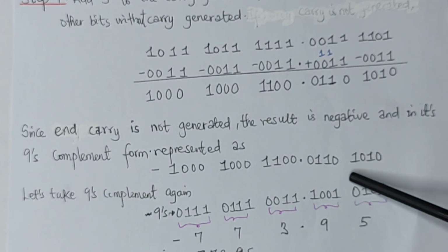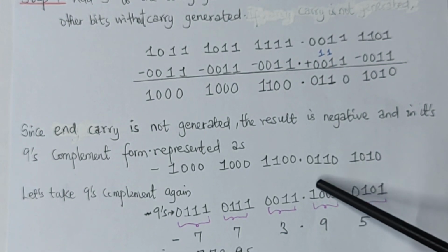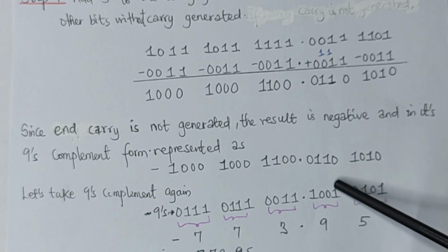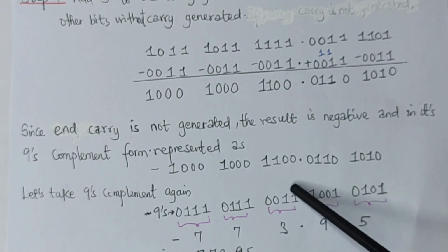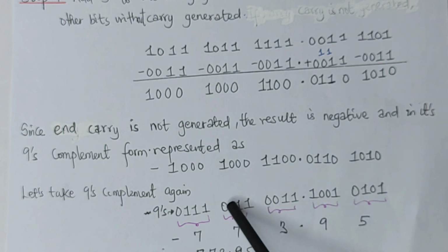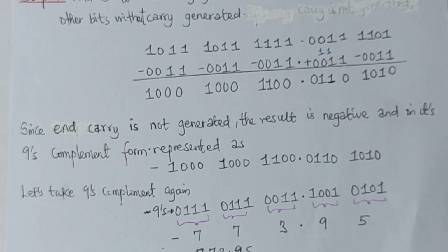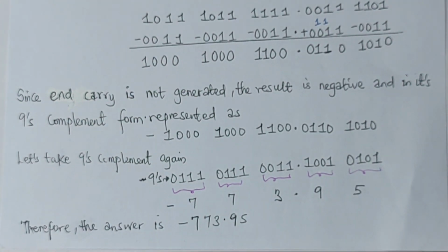Let me just explain. 8421, that is 4 plus 1, 5. 8421, what is relevant? 8 and 1 will be 9. 8421, 21 is relevant, 2 plus 1, 3. 8421, 421 is relevant, 7. 8421, 421 are relevant, 7. So remember, I said you need to keep the sign value out. So we are bringing it at this point. So this is why our answer will be minus 773.95.